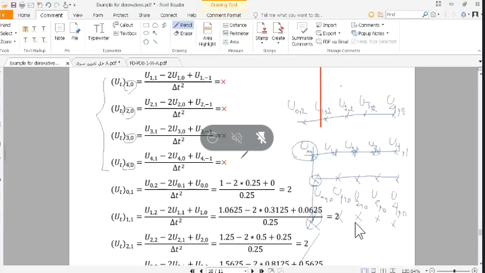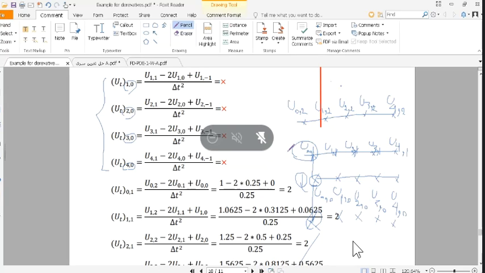The previous point is u0 and 0 by coefficient 1, u0 and 1 by coefficient -2, and finally u0 and 2 by coefficient 1. And we have u0 and 2 minus 2 u0 and 1 plus u0 and 0 over delta t2. And when we compute this fraction, the result is 2.